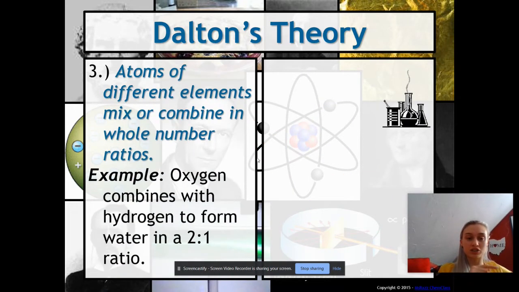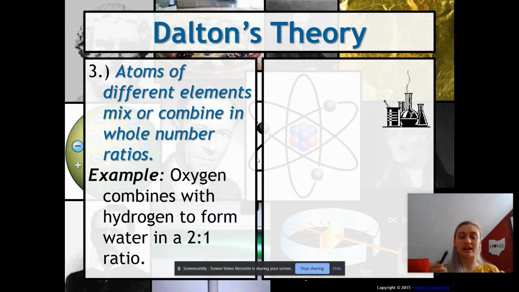So his next postulate is that atoms of different elements mix or combine in whole number ratios. And so basically what this postulate means is that you have your atoms of different elements. So for example, you have your oxygen, and then you have, I don't know, carbon. Okay, we know oxygen and carbon come together to form carbon dioxide, carbon monoxide, stuff like that.